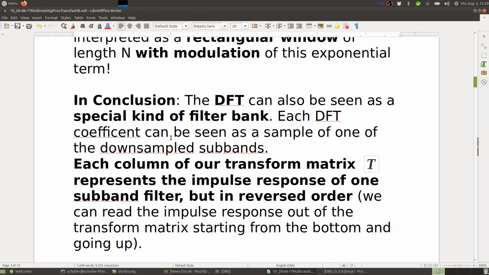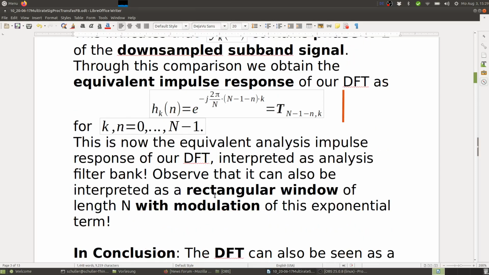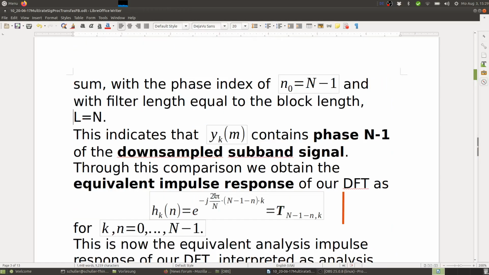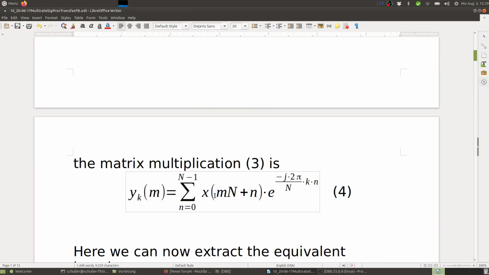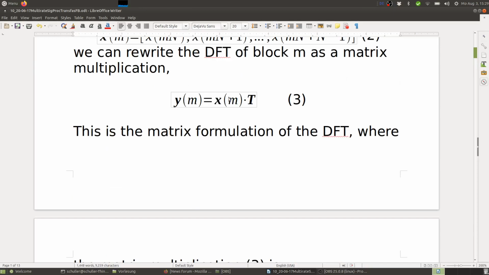Each DFT coefficient can be seen as a sample of one of the downsampled subbands. Each column of our transform matrix T represents the impulse response of one of the subband filters, but in reversed order. I was talking about rows, but I guess it's really the columns. If you multiply x from the left hand side, then the impulse responses are the columns.